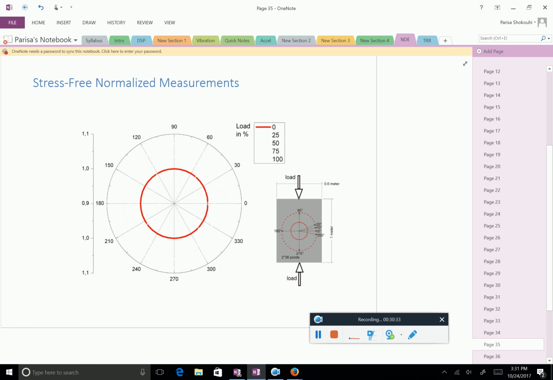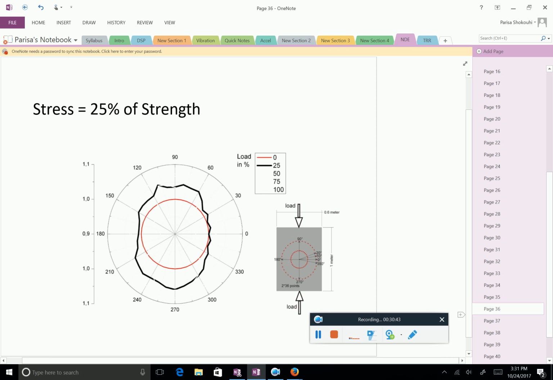In the very beginning, if we normalize everything, of course we would get a circle with diameter 1. It's normalized. And then you see when you increase the load at the location where you are parallel to the load, you start to see increase in velocity. And it's kind of very, very nice and smooth.